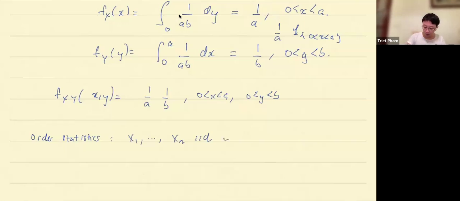Let's say they all have densities, individual density. So these are the marginal density of each of the X's. Find the PDF of Y equals the max.